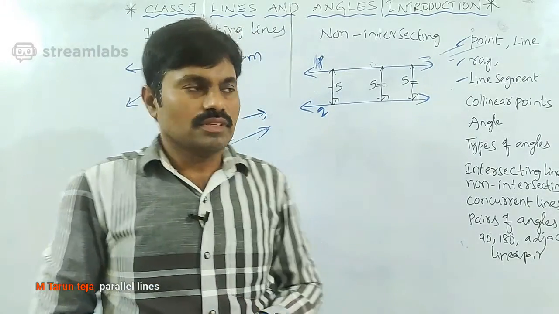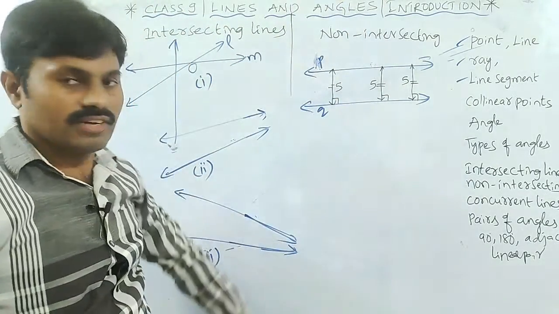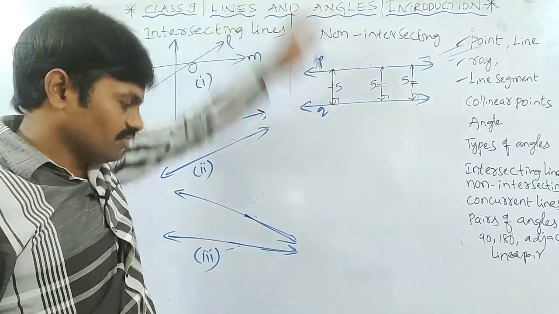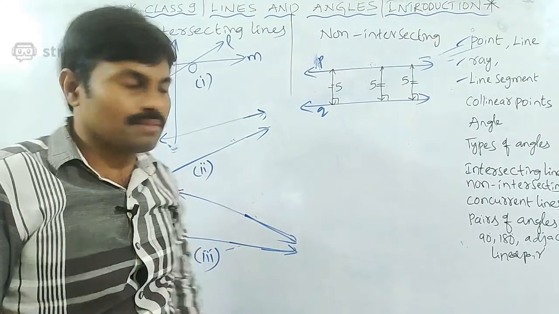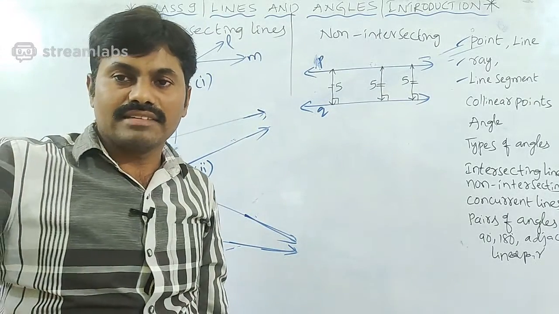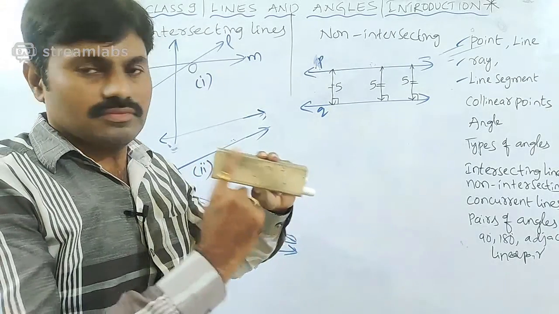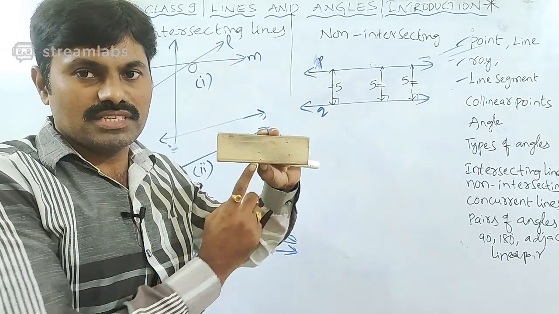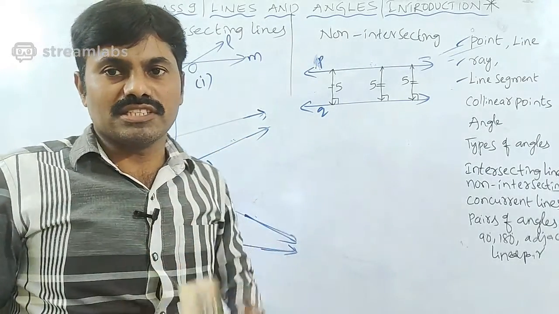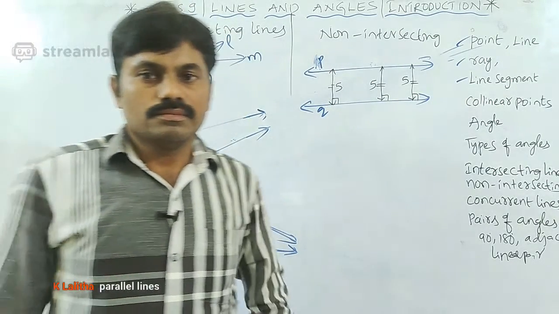Not only window rods, if you take this white board, the opposite edges of this board are also parallel to each other because their perpendicular distance is the same. Even this duster, the edge and the other edge downside are parallel to each other.